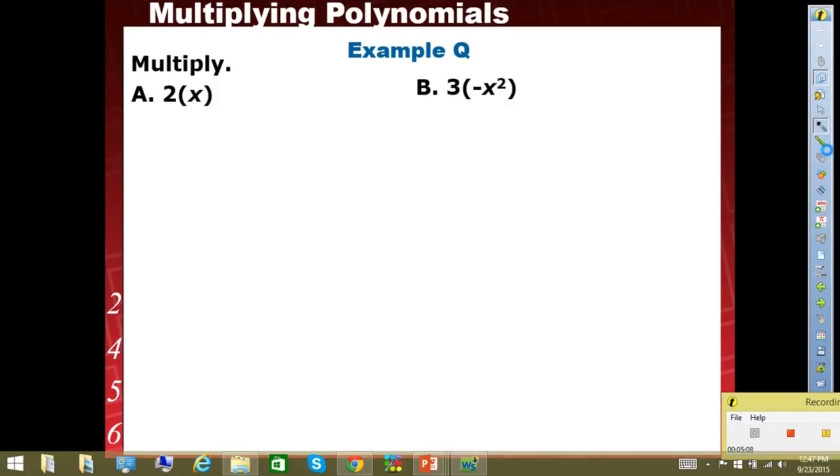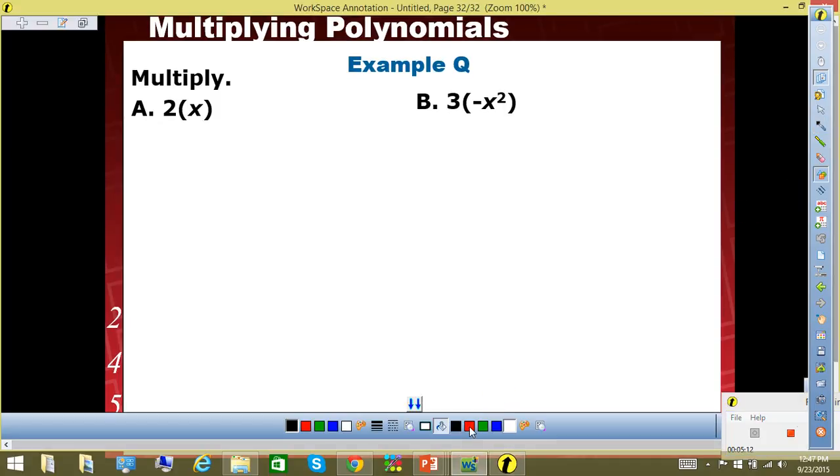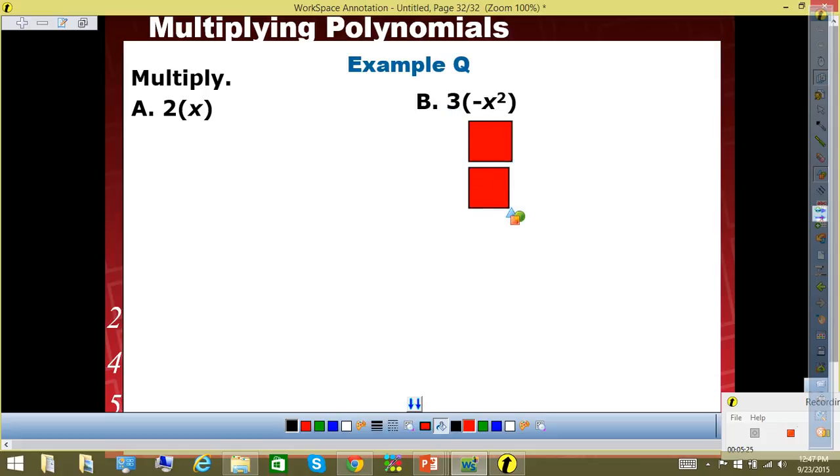All right, let's see. First, using tiles. Who remembers that these tiles are squares, and what color? Red. Therefore, we have a red tile, but it says to repeat it how many times? 3. So 1, 2, 3. And I heard somebody say they're rectangles.